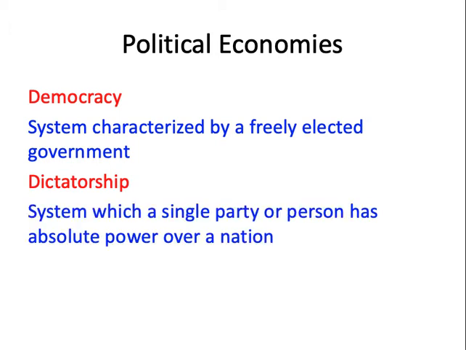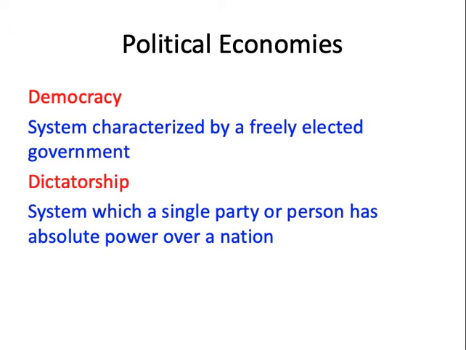Dictatorship is a system in which a single party or individual has absolute power over a nation, right? So think about countries like North Korea. This is a family that's been in power for generations upon generations. And even these days, there are lots of question marks about the current leader's health, if he's even still alive sometimes, and they're saying now it's just going to go straight to his sister.